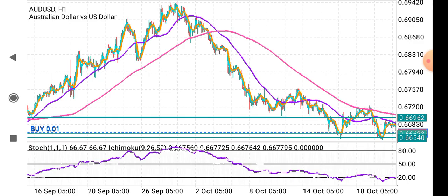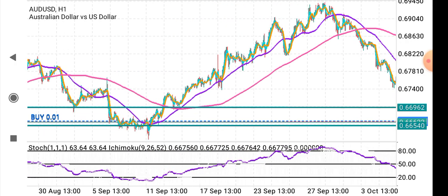But the purple one and the red one are more visible. So I'm going to give you their settings.